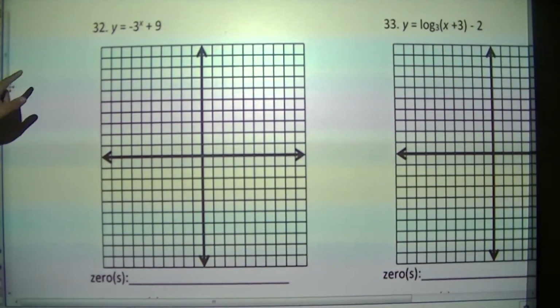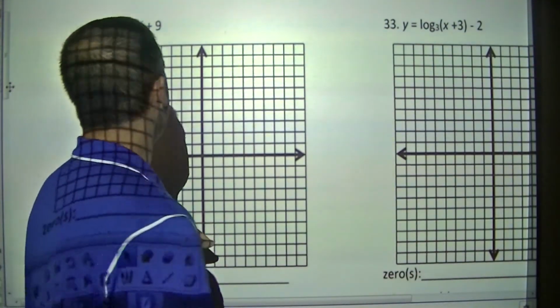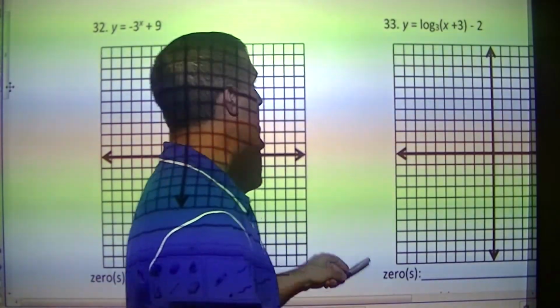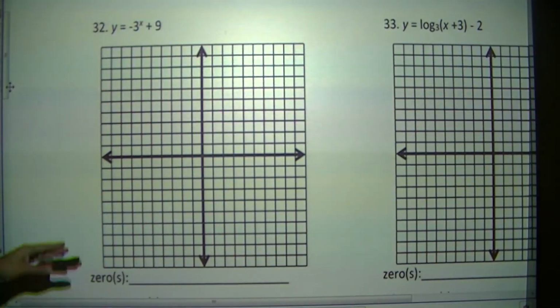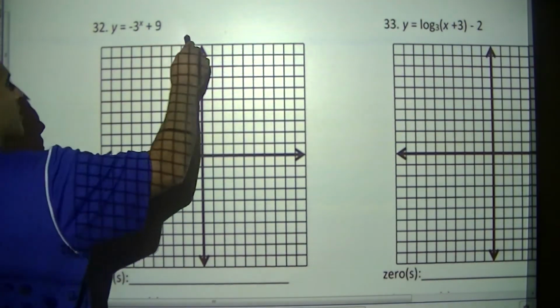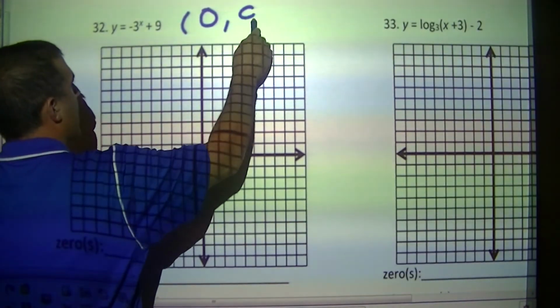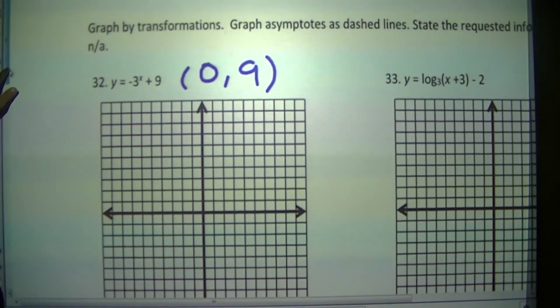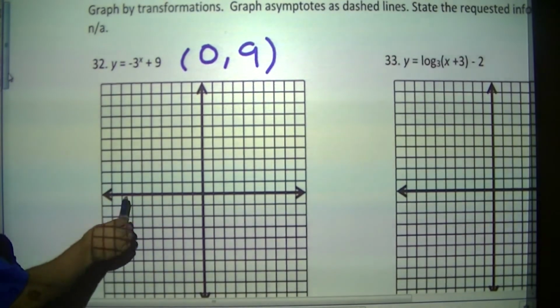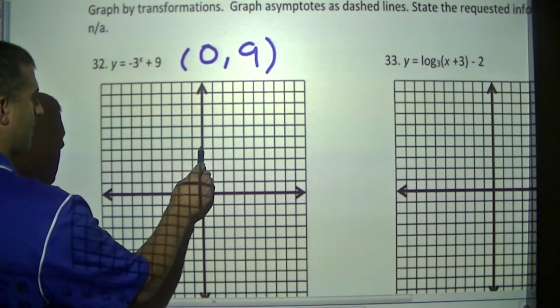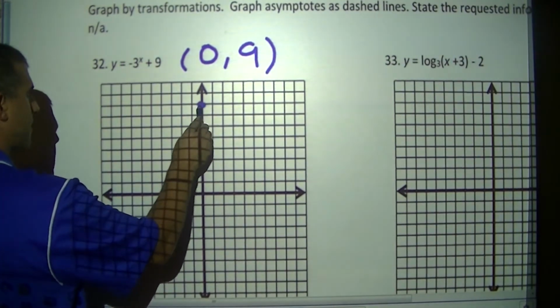So what we're going to do is graph this, and then find these different results. Since the anchor is going to be 0, 9, that's 0 over, 9 up, right here.